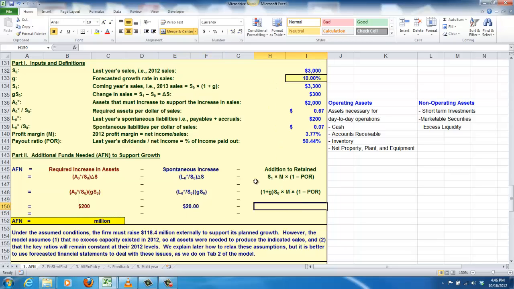And then finally, our addition to retained earnings will be equal to 1 plus the growth rate, 10%, multiplied by our initial year sales, multiplied by our profit margin of 3.77%, sorry about that, multiplied by 1 minus the payout ratio.